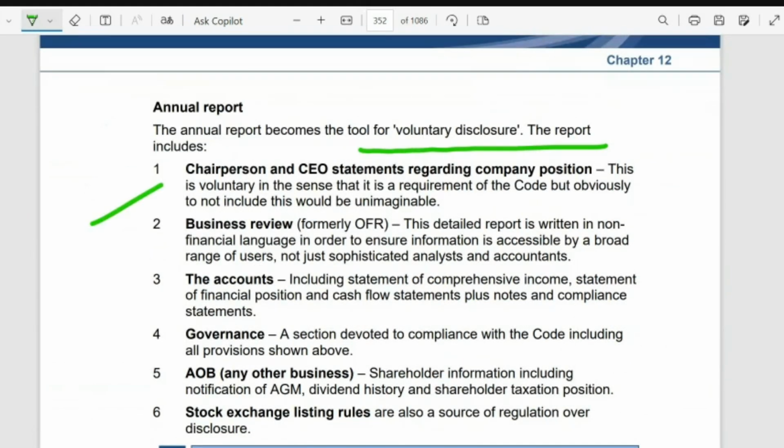The chairperson and CEO statement regarding company position and business view, and then accounts, governance, AOB (any other business), stock exchange listing rules.